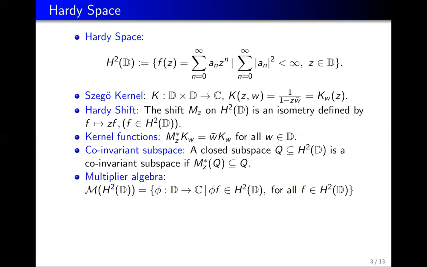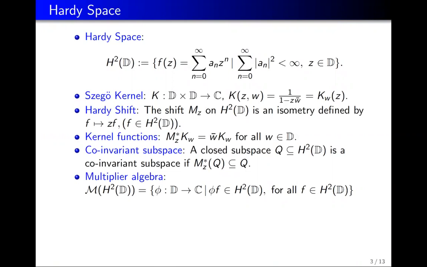So given a multiplier phi, one can immediately associate a multiplication operator, which we denote by M_phi. It's like the M_z defined earlier, where we just multiplied by z. In this case, we multiply by such a multiplier phi. And that M_phi will be a bounded operator. In fact, one can prove that the norm of the bounded operator will be exactly the same as the supremum norm of phi. So that's something very nice to have.